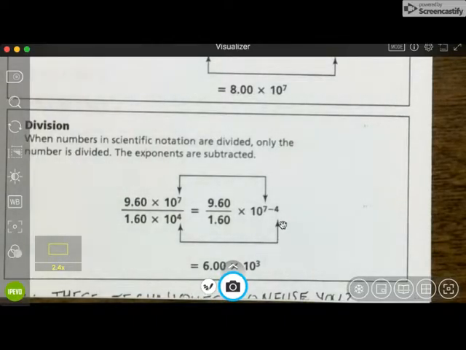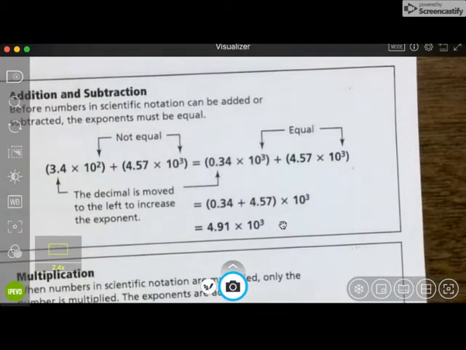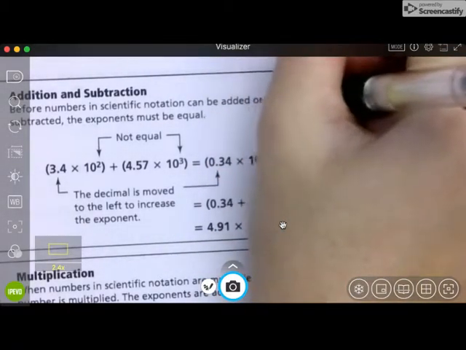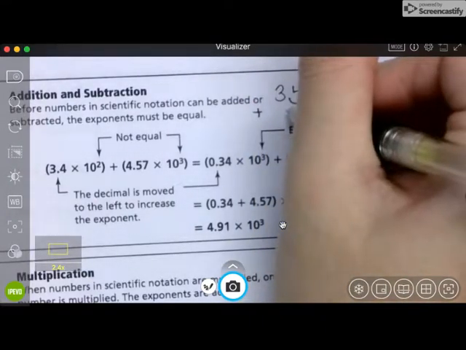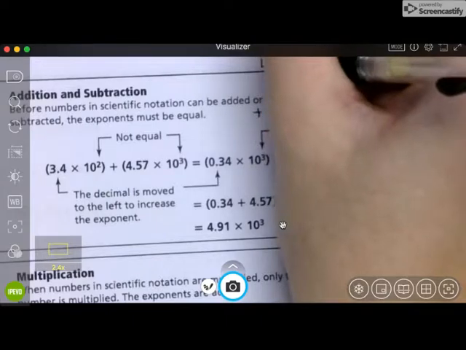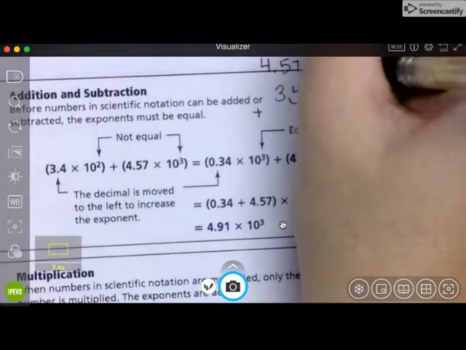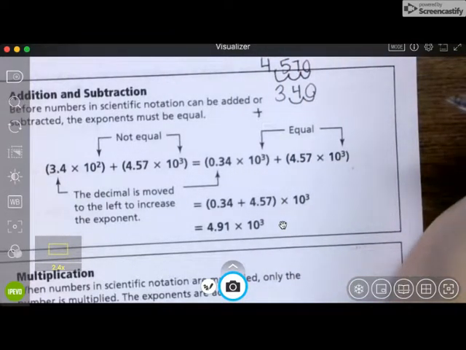On the very bottom, if that doesn't make any sense to you, just expand it out. Just make this, if we go back up to the top, make this be 340 plus 4,570, okay?